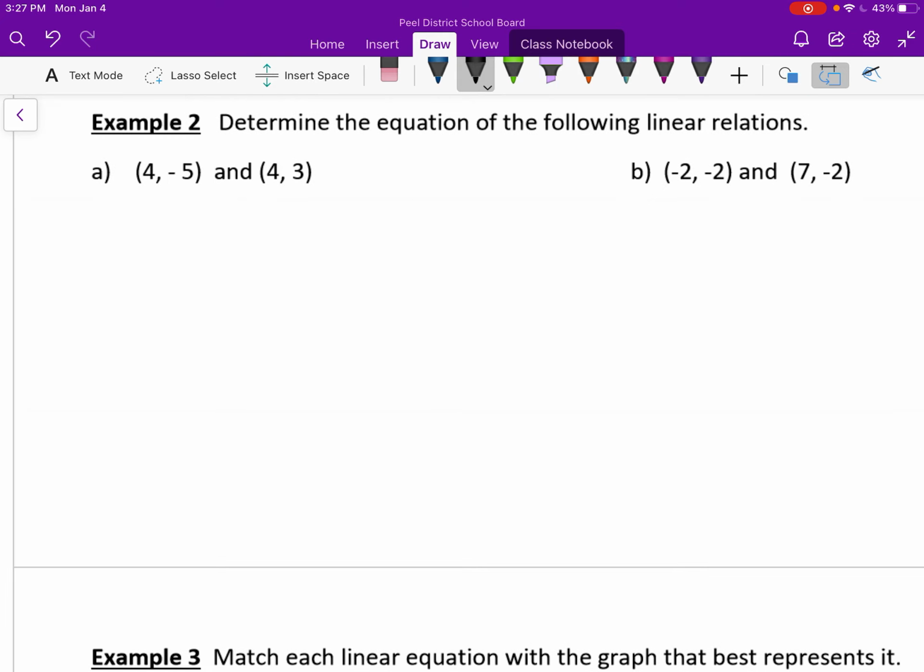Now, it says determine the equation of the following linear relations. I could go in and draw these, and then see where they intersect and what they look like. But if I look at the 4 for the x here and the 4 for the x here, x is staying constant.